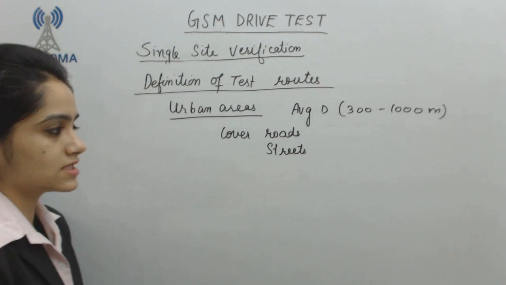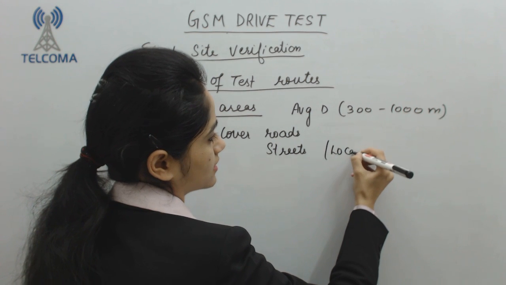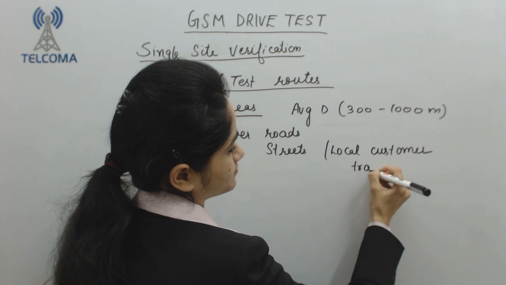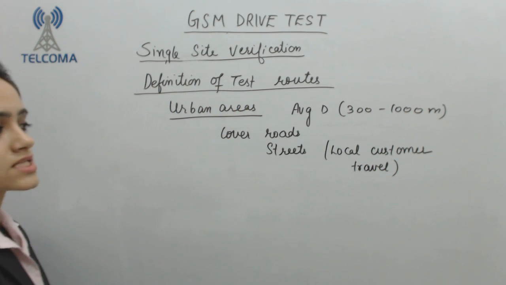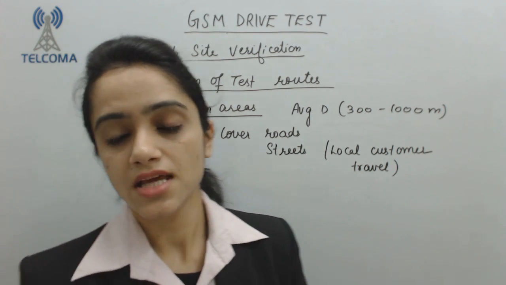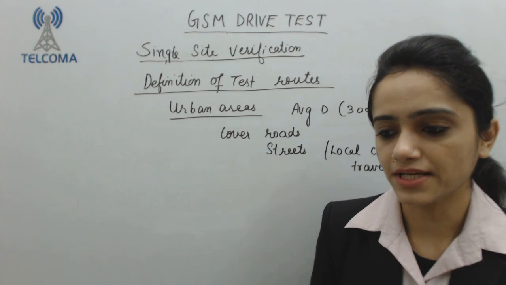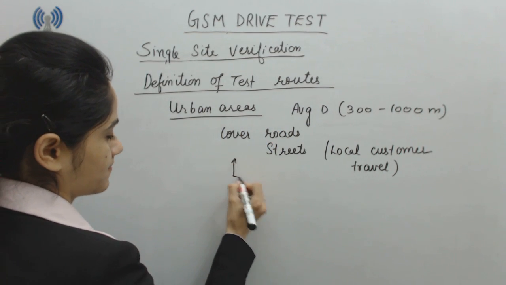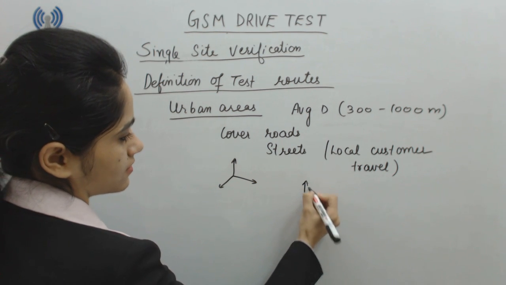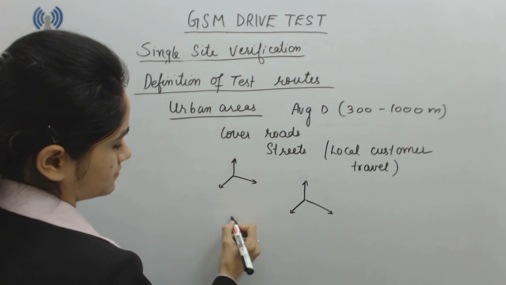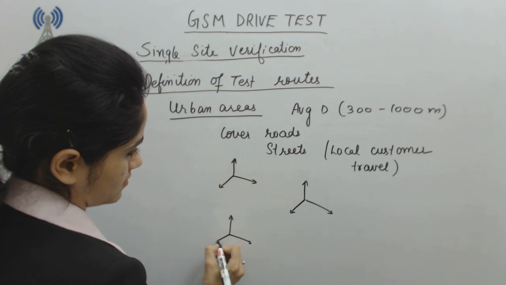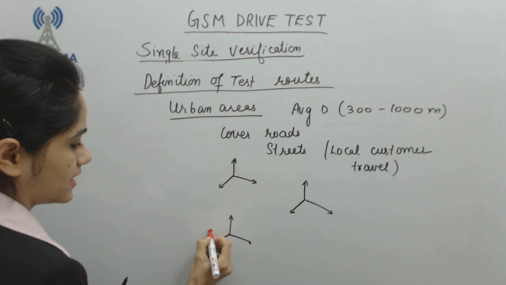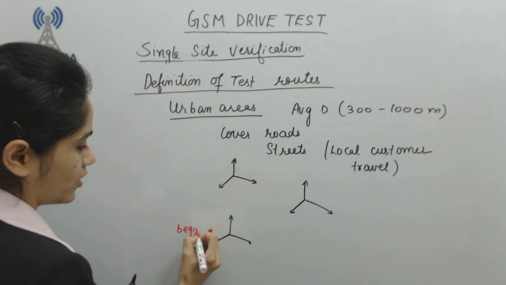So why do we require to cover streets? Because local customers travel here. So for local customer travel, we require to cover the streets as well as the roads in the complete network. Like I have a site, and a drive tester is beginning here. So this is my begin point.